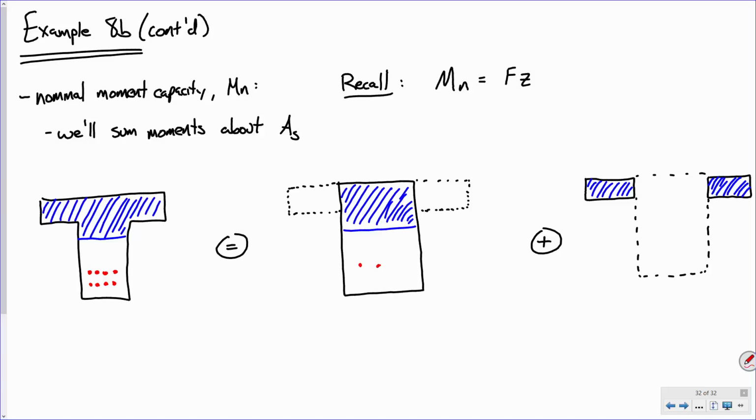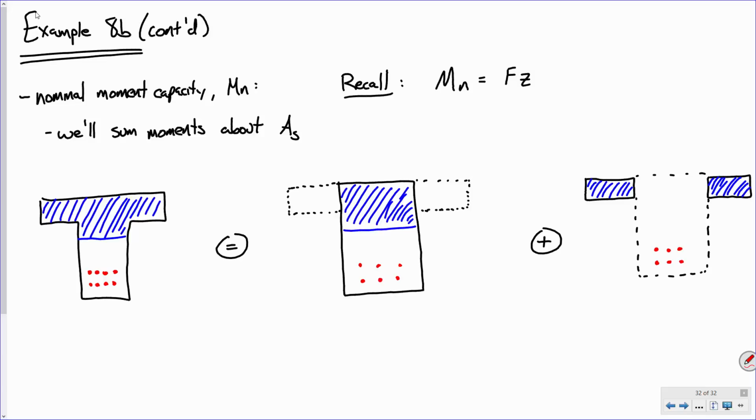Let's say we got a little bit of steel here and a little bit of steel here. Okay. So what I have done is I've said that this stress block is going to be split into the contribution from this one and the contribution from this one. Everybody all right with that?